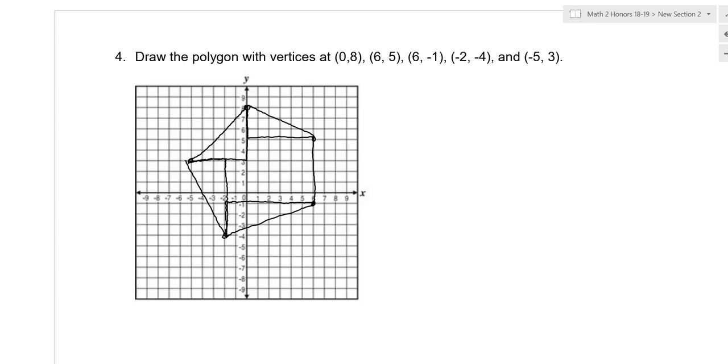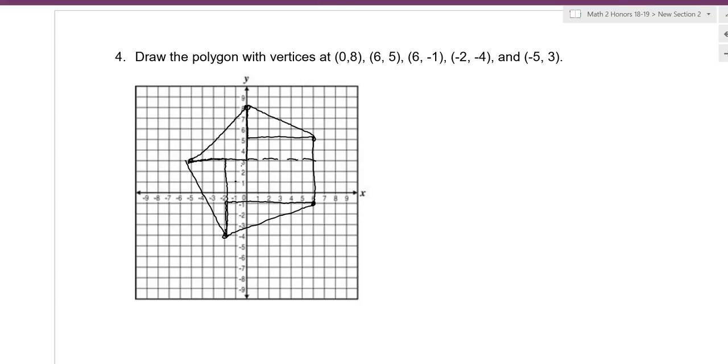Okay. The last thing I'm going to do is, if you see there's this rectangle in the middle, or these square pieces in the middle, but it's not really quite a square, so I'm going to split that into 2 pieces as well. So they're nice rectangles. Okay, easiest way to find the area there.